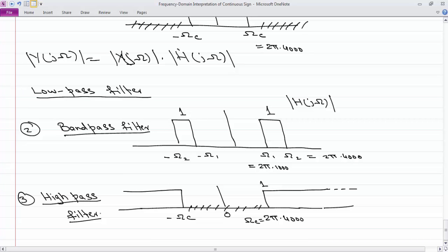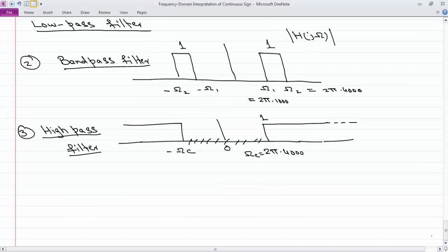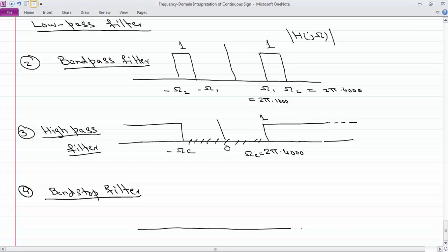And then just like the band pass filter, there is an opposite of that, which is a band stop filter. So a band stop filter will be the reverse of the band pass filter.